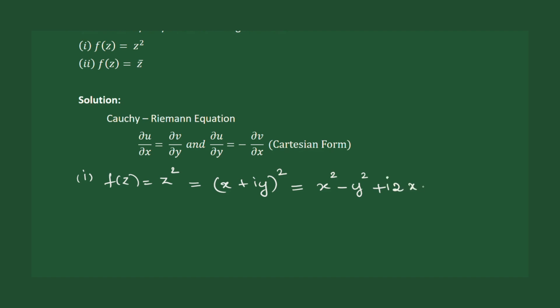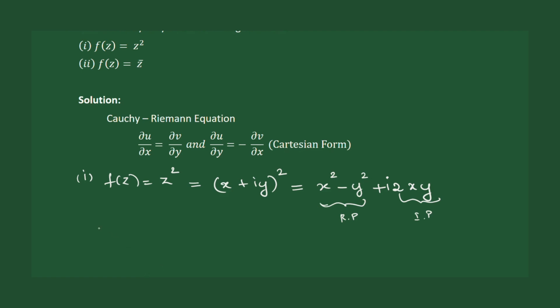i into xy. So if we notice, in x square minus y square there is no i term, but in 2xy we have i. So we can say that this is the real part and this is the imaginary part.